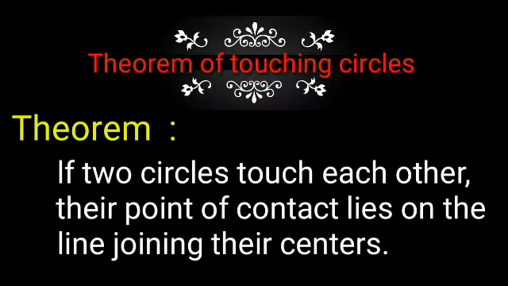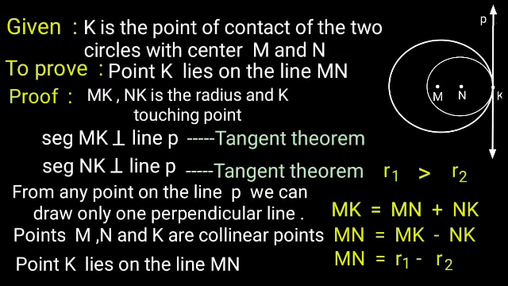Theorem of touching circles. Theorem: if two circles touch each other, their point of contact lies on the line joining their centers. In this figure, two circles are touching each other internally.